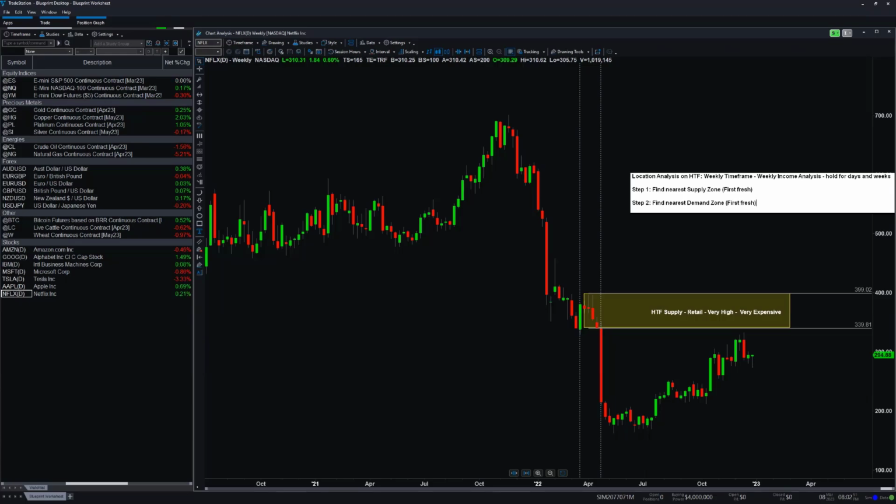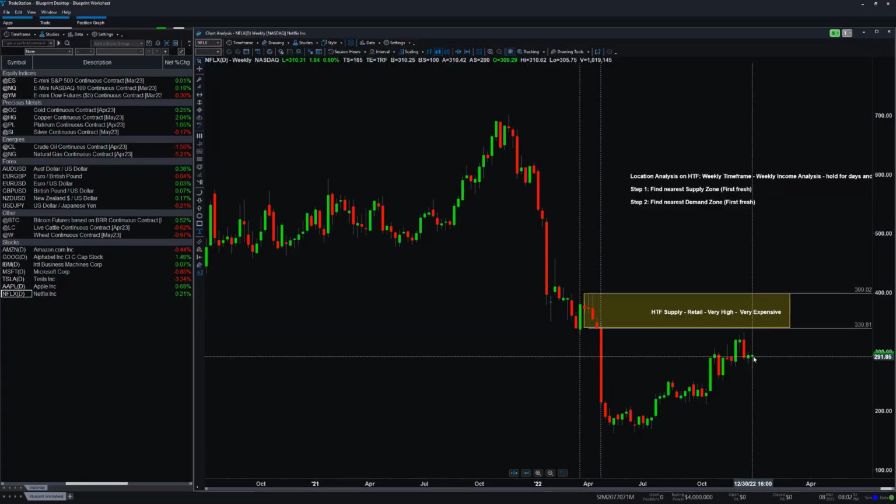Here as well, the first fresh one. So again, it's just going to be zoning. I can remove those verticals so I don't get confused.